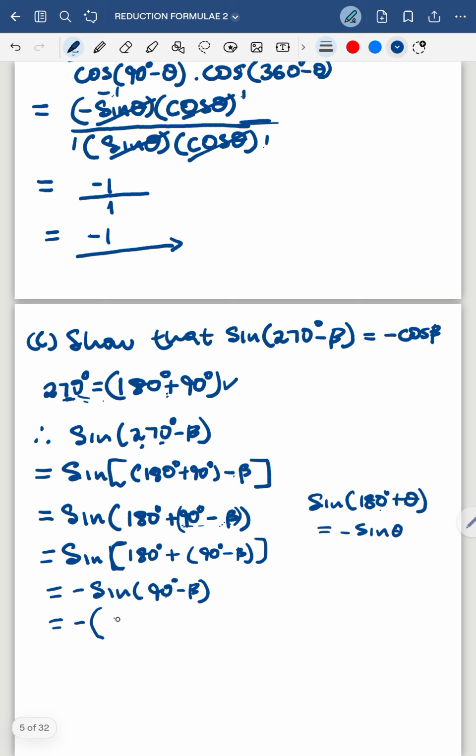What is the cofunction of sine? It's cosine, then beta. That means negative multiplied by positive is negative cosine beta.